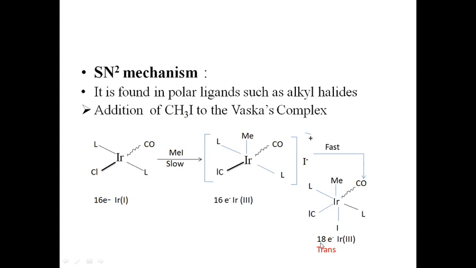See here, the electron count in the first complex is 16, and the electron count in the last complex is increased by 2 units, that is 16 to 18 electron. Oxidation state goes from 1 to 3, which is also increased by 2 units, and the geometry goes from cis to trans.